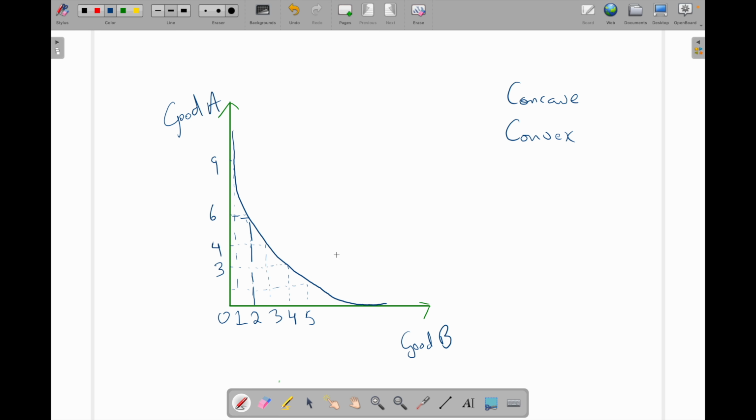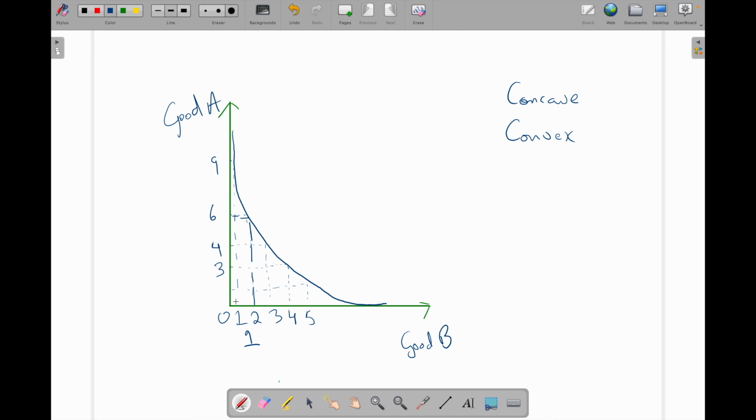And let's look at the numbers now. At first, we're producing at this point. We only want 1 unit of good B, and for that, we are getting 9 units of good A when we are producing like that. Now, if we decide we want more units of good B, let me produce 2 units of good B. You get 1 additional unit.